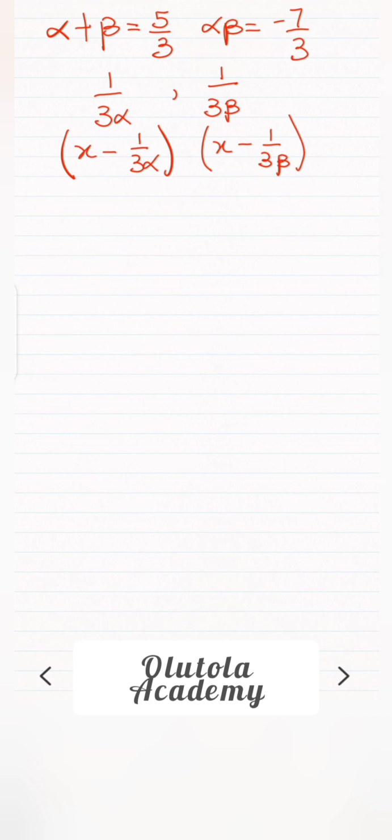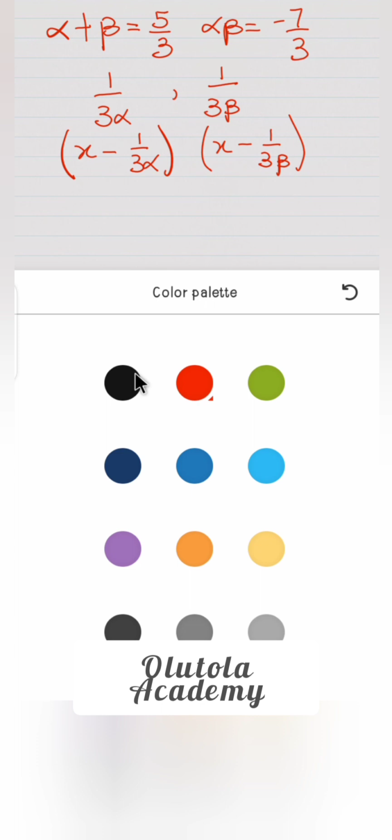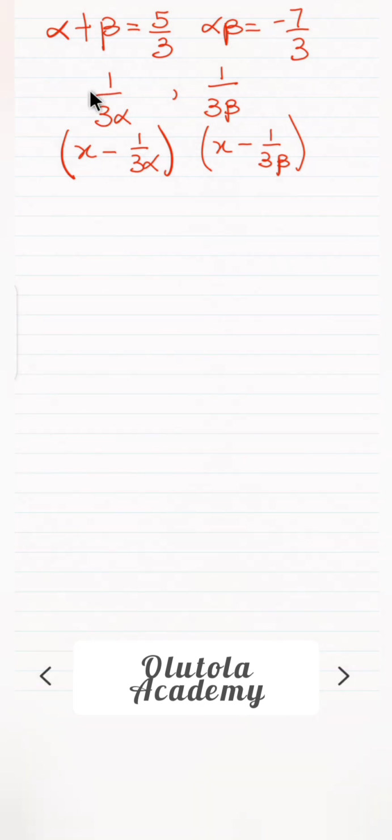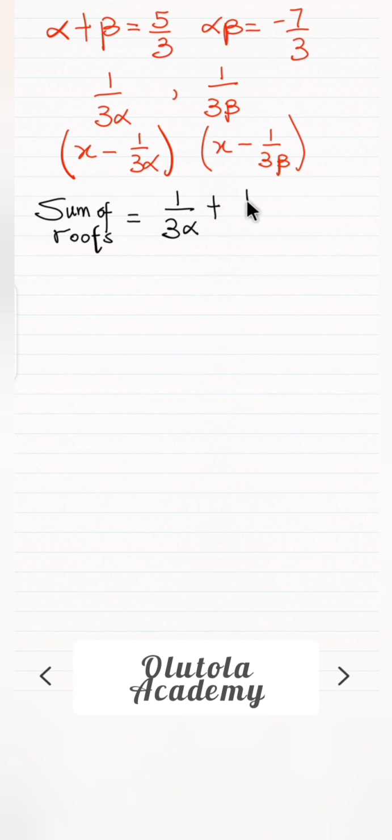That method has its own advantage, but in this video lesson what I want to do is to go straight from the two roots given. I want to find the sum of roots directly, which will be 1 over 3 alpha plus 1 over 3 beta. Now I will find the LCM.